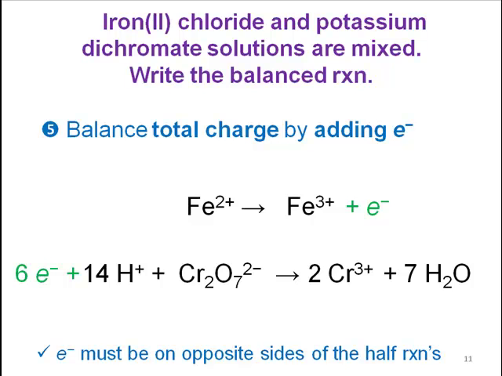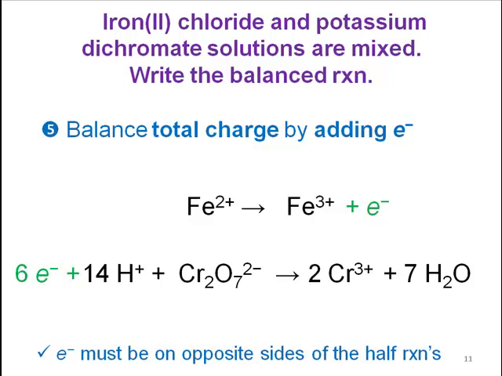Now, is this oxidation or reduction with the iron? Oxidation. So in oxidation, some people like left and right side. In oxidation, the electrons are on the left-hand side. In reduction, they're on the right-hand side. Because reduction is a gain of electrons, oxidation is a loss of electrons.